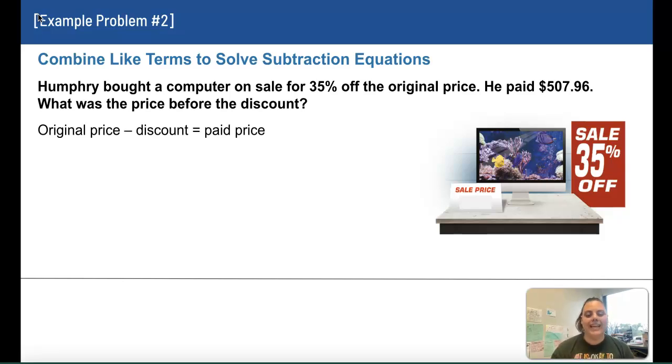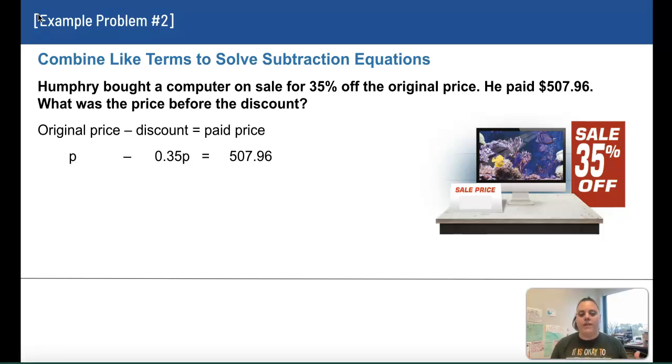So to get how much we paid and a discount on that, we take the original price, we subtract the discount, and then that gives us the price that we paid, the amount that we owe. So in this case, the original price, we can represent it as P because we don't know it. The discount, 35% off, is going to be 0.35 times P because it's 35% of the price.